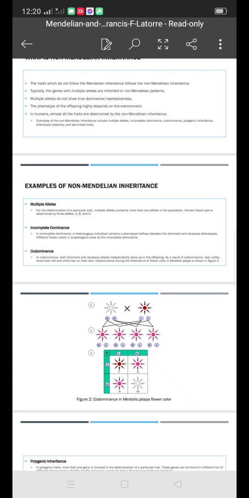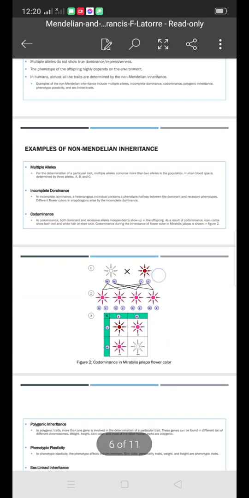In humans, almost all traits are determined by non-Mendelian inheritance. Examples of non-Mendelian inheritance include multiple alleles, incomplete dominance, codominance, polygenic inheritance, phenotypic plasticity, and sex-linked traits.